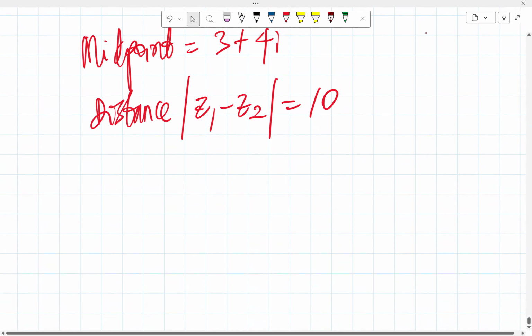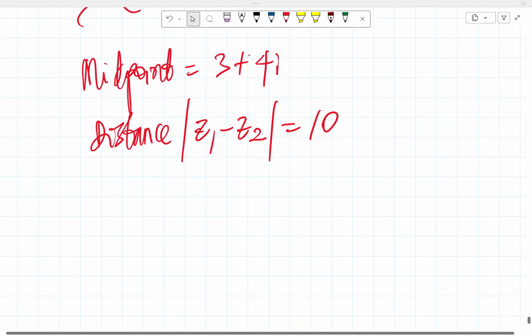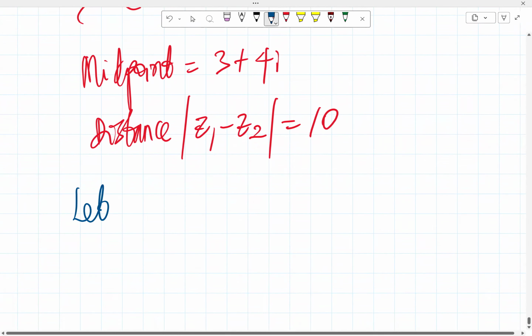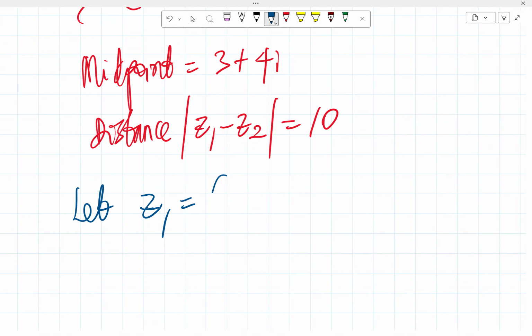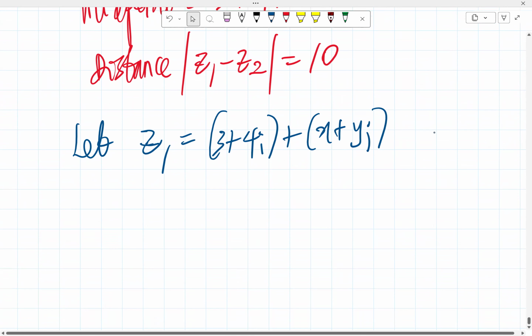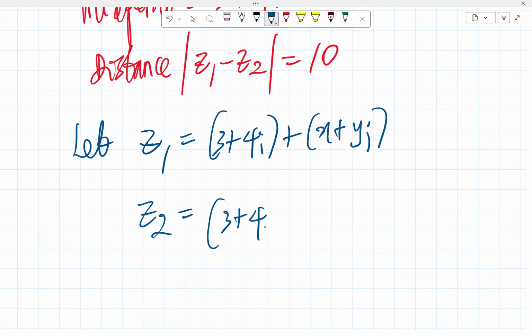So in this case, if we let Z1 be equal to 3 plus 4i plus x plus yi, automatically Z2 will be equal to 3 plus 4i, being the midpoint, minus x plus yi.